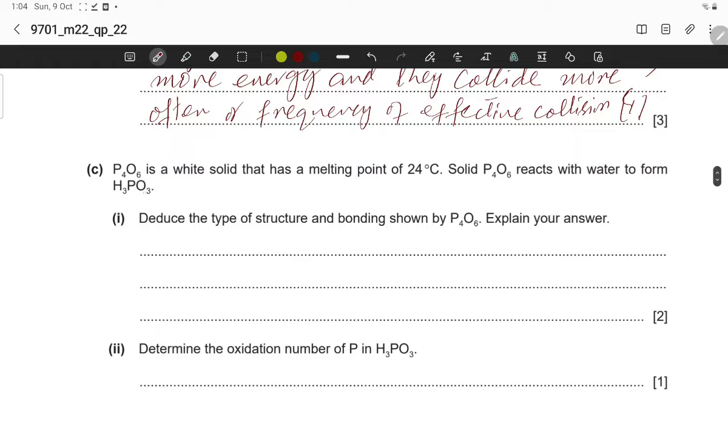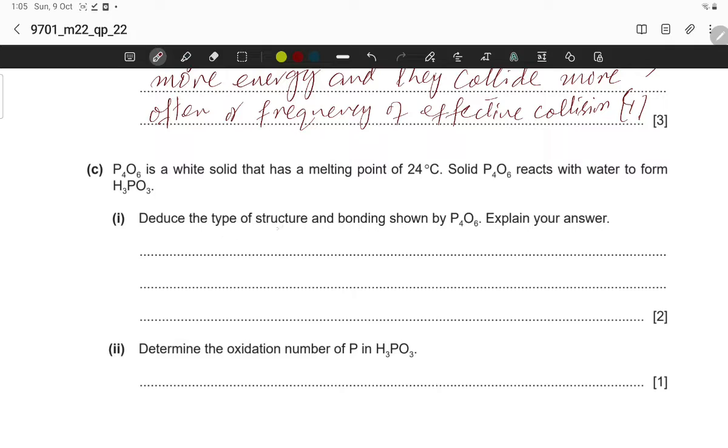Next question: P4O6 is a white solid that has a melting point of 24 degrees centigrade. Solid P4O6 reacts with water to form H3PO3. Deduce the type of structure and bonding shown by P4O6, phosphorus 3 oxide.